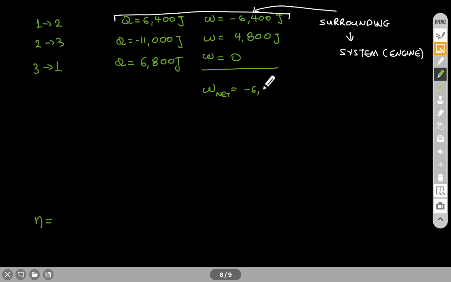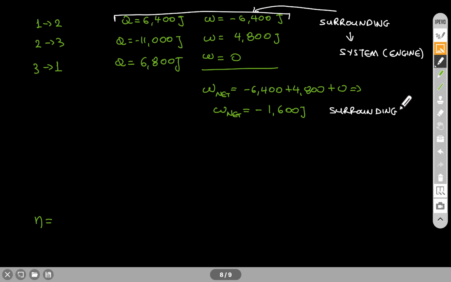I have minus this plus that plus 0. So the net work is minus 1600 joules. This is how much work the surroundings did on the engine.